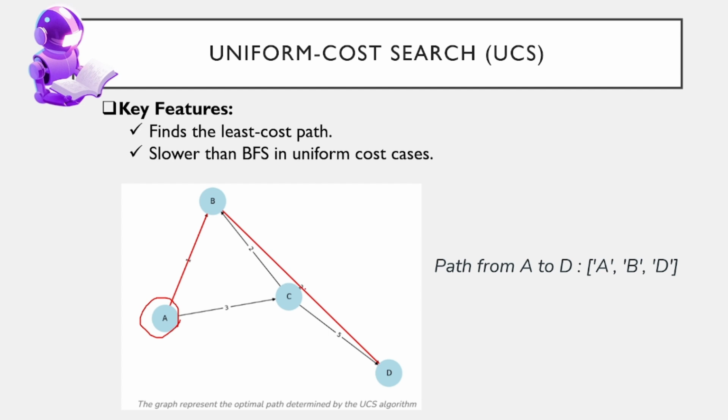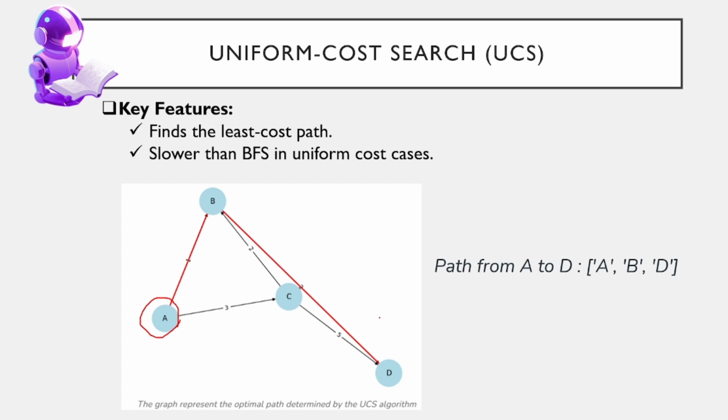Now we already have C in the queue at a cost of 3 from the direct route A to C, and our new route to C through B also costs 3. So it is a tie, and UCS just keeps the existing one, no update needed.